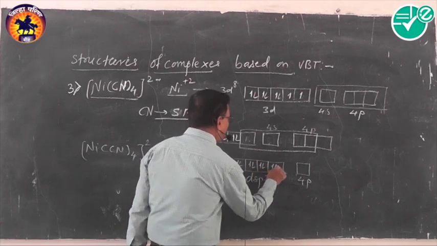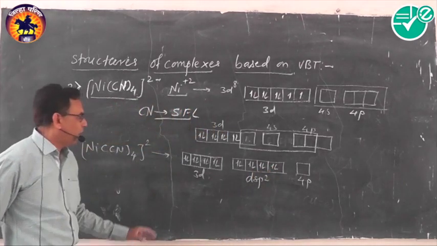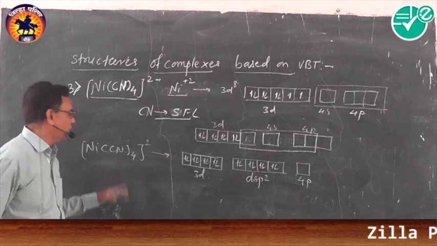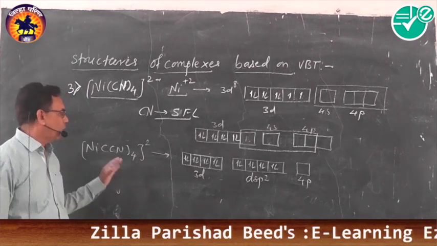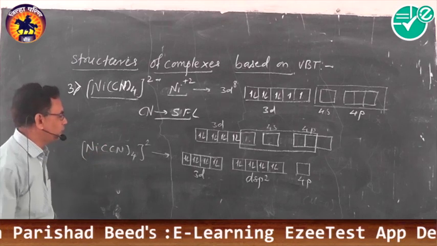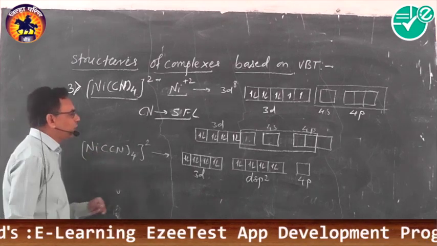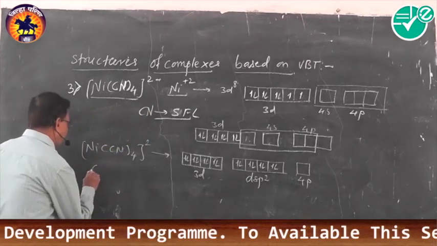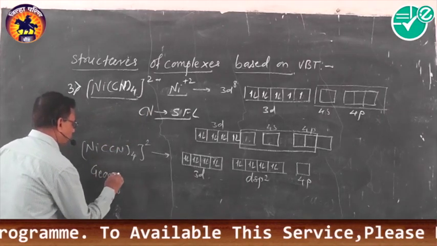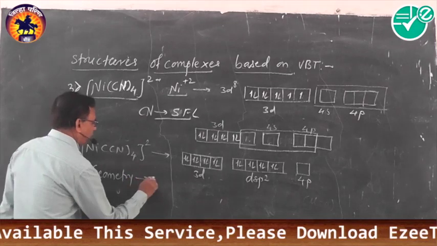a coordinate bond, 4 coordinate bonds, and this is the electronic configuration of this complex in the hybridized state, or when the complex is formed. Now, since the hybridization is dsp2, its geometry is square planar.